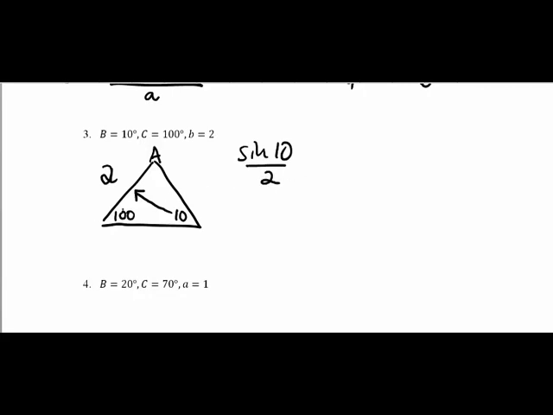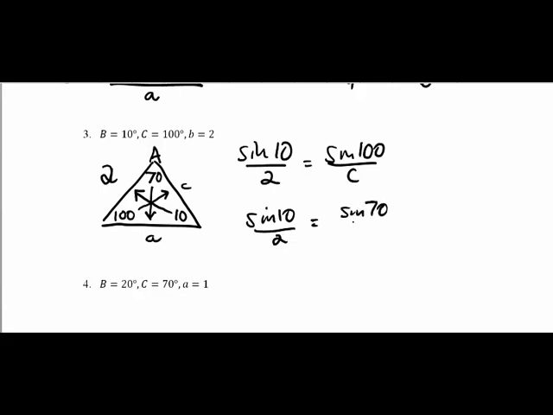Now, this means we can find side C, which is right here, and we can do that by knowing our sine of 100 divided by C. We have to figure out angle A, and knowing that these two add up to 110 degrees, then angle A has to be 70 degrees. And that 70 degrees is then going to go to side A. So the sine of 10 from our key is going to be equal to the sine of 70 divided by A.